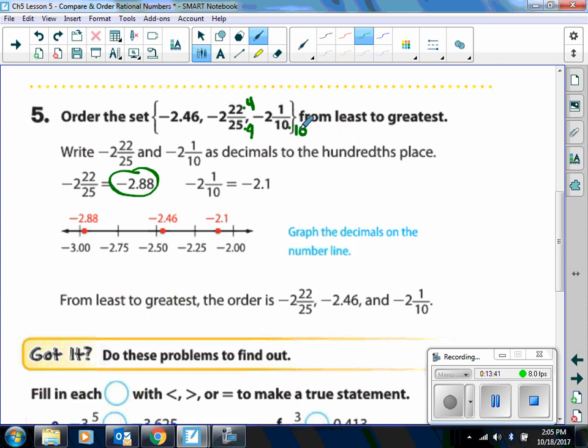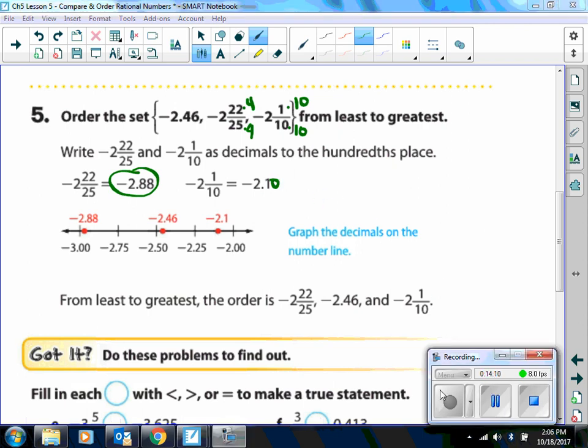So if I multiply 10 in the denominator, I have to multiply by 10 in the numerator. So this is going to be negative 2 and 10 hundredths. Is everybody with me? So this is negative 2 and, oh, this is just a tenths. How do I make it to a hundredths? Add a 0. Annex your 0.